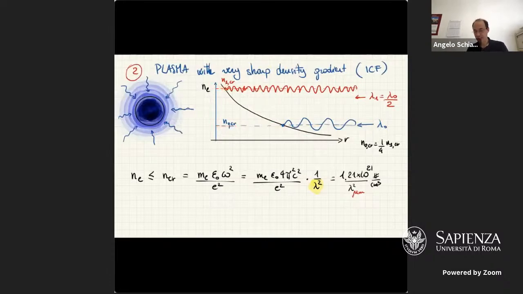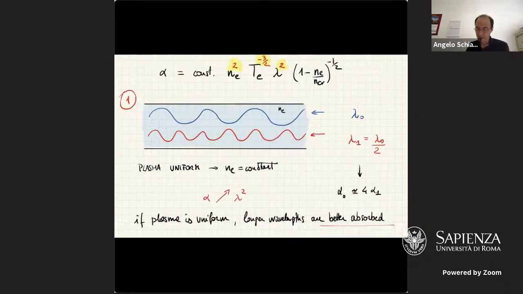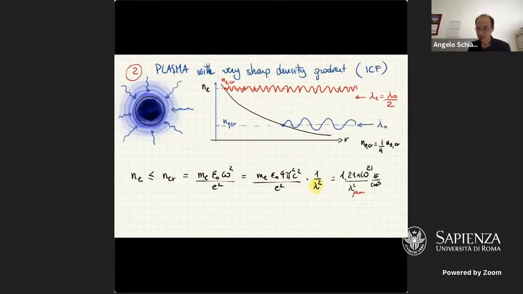So what happens is that although the absorption coefficient increases with lambda, so it's higher for lambda 0 than for lambda 1, the region that the two different radiations can access is different. It's not uniform anymore. And the important part is that the shorter wavelength can penetrate much deeper inside the plasma.